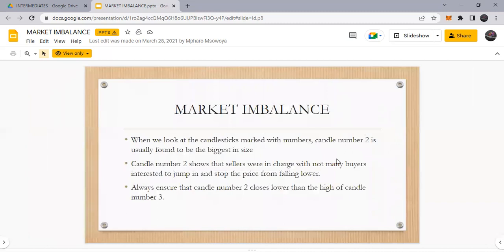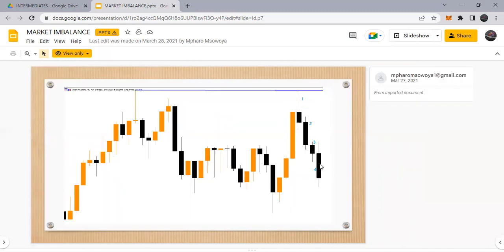So let's look at the explanation. When we look at the candlesticks marked with numbers, candle number 2 is usually found to be the biggest in size. Among the 4 candles, candle number 2 has the biggest body, followed by candle number 4. Mostly, candle number 2 has the biggest body most of the time.